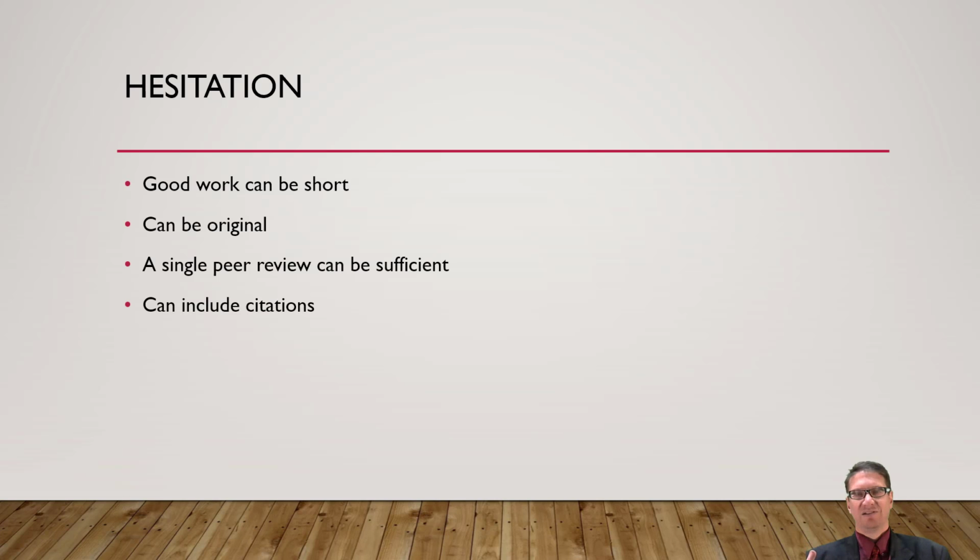And articles can include citations, even in popular literature. So don't just back away from popular sources, because there is gold to be found there. You need to be choosy, and part of this course is teaching you how to be choosy. But don't just back away from popular literature because you think, I'm an expert now, I'm only reading expert material, because there is gold to be found everywhere. Take note of that.